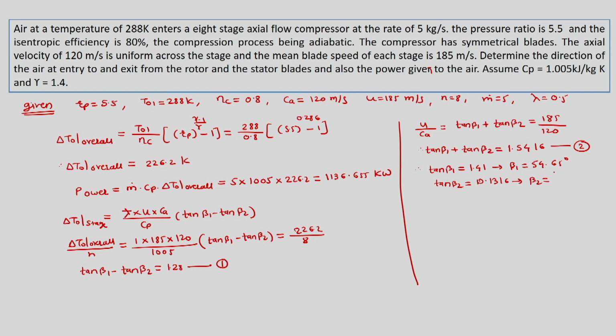So beta 2 is equal to 7.49 degree. So this is how we would solve this example.